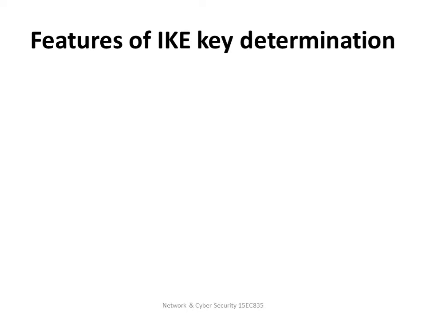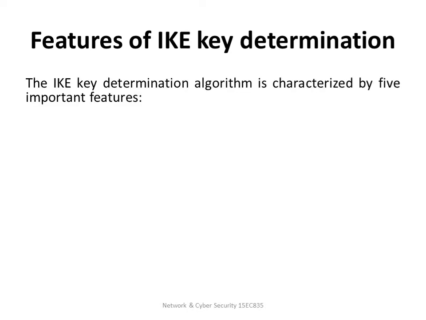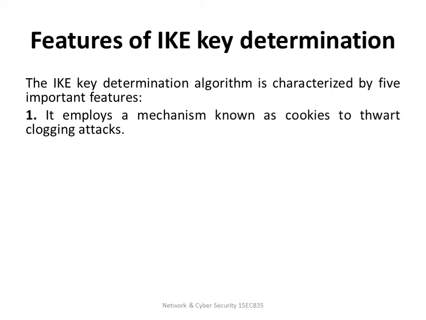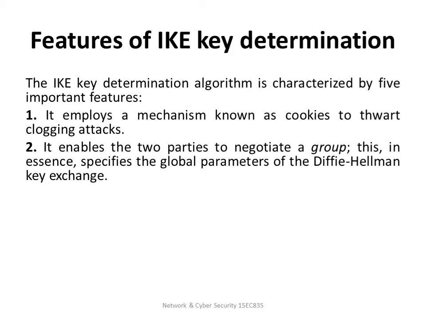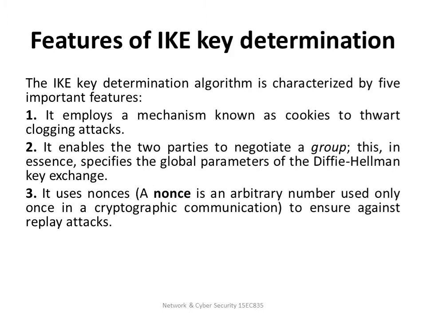Features of IKE key determination. The IKE key determination algorithm is characterized by five important features. It employs a mechanism known as cookies to thwart clogging attacks. It enables the two parties to negotiate a group. This, in essence, specifies the global parameters of the Diffie-Hellman key exchange. It uses nonces.